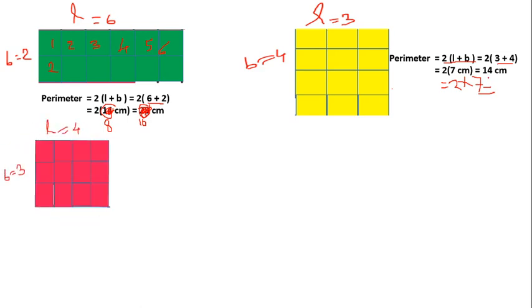Look here. The third one is L is equal to 4, B is equal to 3. Perimeter is equal to 2 in bracket L plus B is equal to 2, 4 plus 3, 7, and 7 2s are 14 centimeter.